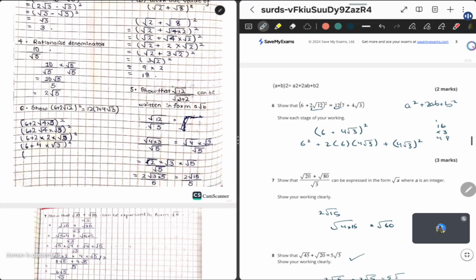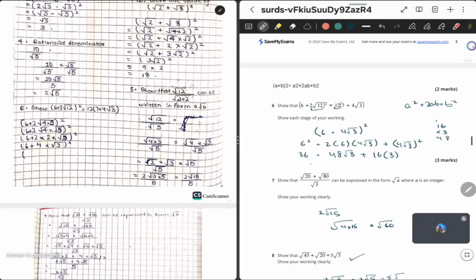Up until here, you understand what's happening? Okay. 6 squared is 36. Plus 2 times 6 is 12. 12 times 4 is 48. 48 root 3 plus 4 squared is 16. Root 3 squared is 3.